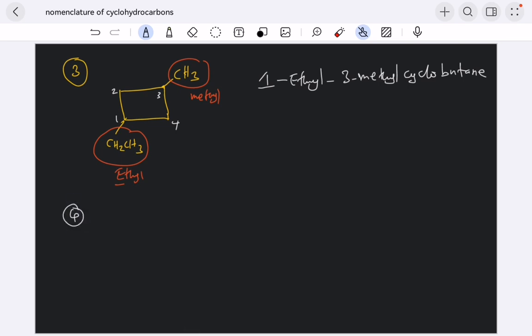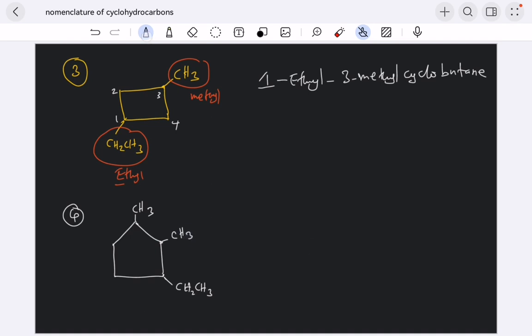Let's give another example. Let's consider something like this. Then we have a CH2, CH3. We have a CH3 here. Okay, let's say we have another CH3 here.